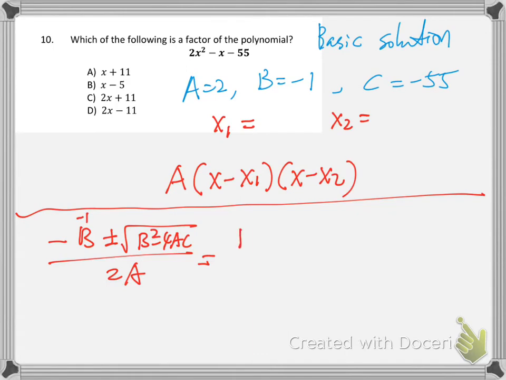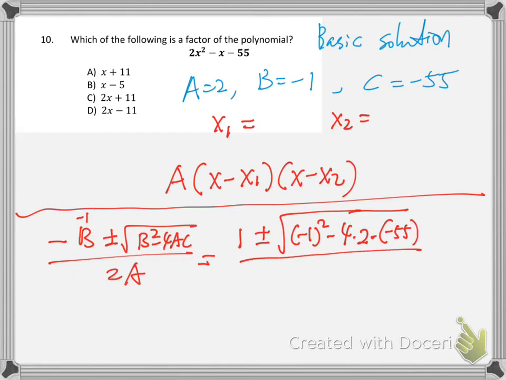So we have 1 plus minus the square root of negative 1 squared minus 4 times a, a is 2, times negative 55, divided by 2 times a. So it's 2 times 2. Okay, so the denominator is easy: 4. 1 plus minus. This is 1, right? This is 8 times 55.